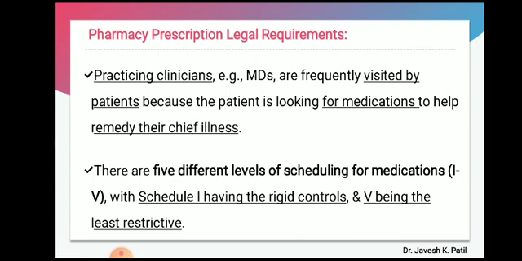So that's how the variation is there in the control of the use of such medications, depending upon the severity of the problems, generally called habituation, which may occur in the patients.